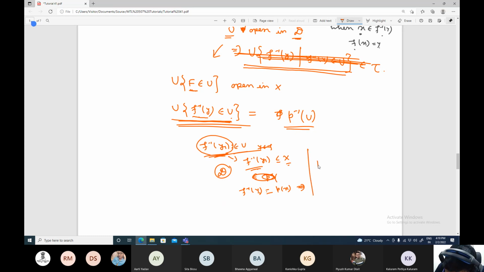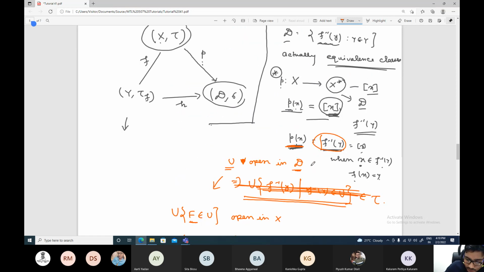So now if we take P inverse of U, it will be the union of F inverse of Y such that this F inverse of Y belongs to U. Now come to here.